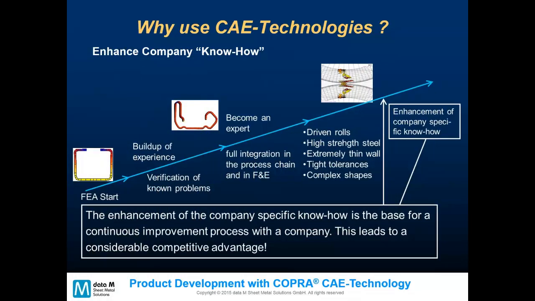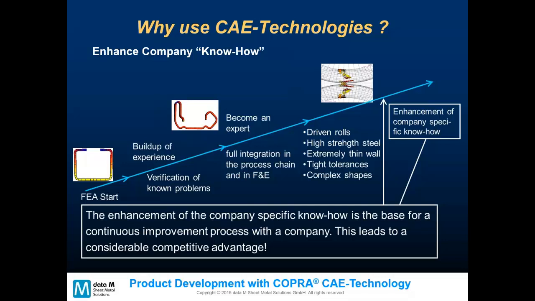So another reason to consider using computer-aided engineering technologies such as COPRA is to enhance our company know-how. This is to build our company's experience and enhance the company-specific know-how, and this is the base for a continuous improvement process within an organisation, as this leads us to be considerably more competitive.